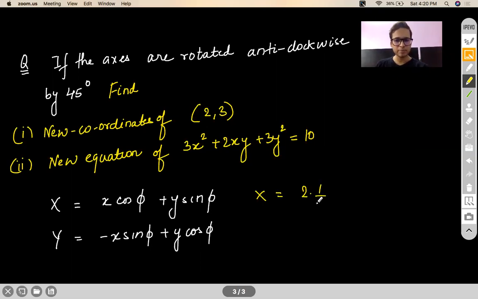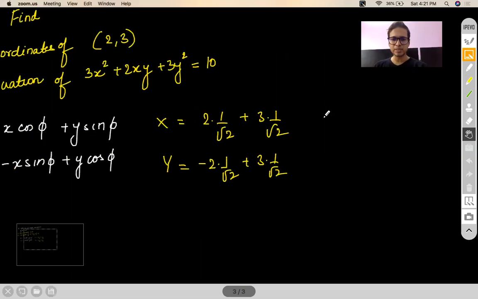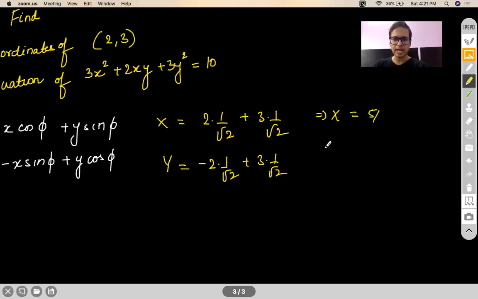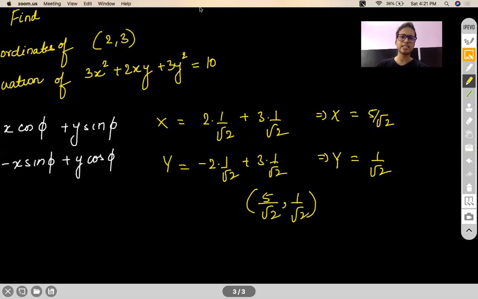Cos phi will be 1 by root 2. 3 sin phi is also 1 by root 2. Capital Y will be again minus 2 times 1 by root 2 plus 3 times 1 by root 2. So this is going to give you X is equal to 5 by root 2 and Y is going to be 1 by root 2. So 5 by root 2 comma 1 by root 2 would be your new coordinates of 2 comma 3.